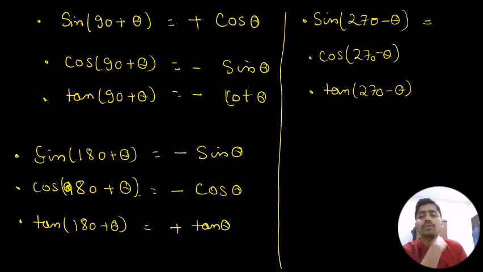In the third quadrant, sine is negative, cos is negative, and tan is positive. Sine will change into cos, odd multiple; cos will change into sine, odd multiple; and tan will change into cot.